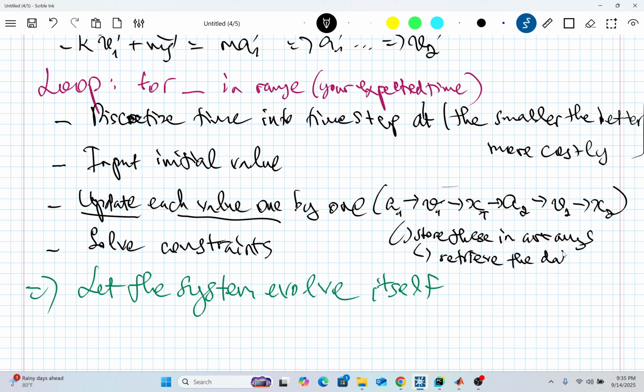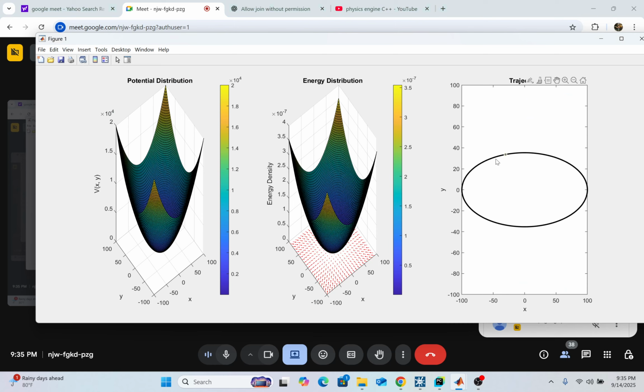If you look at this simulation, I am plotting the trajectory of a charge in this energy field, and you can see in my code that I loop over many times.